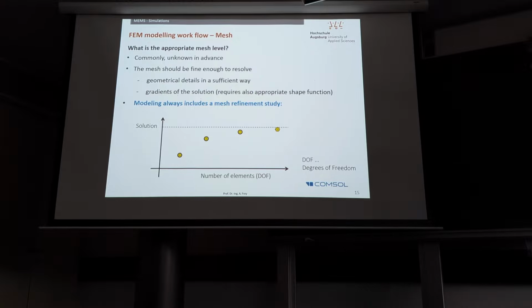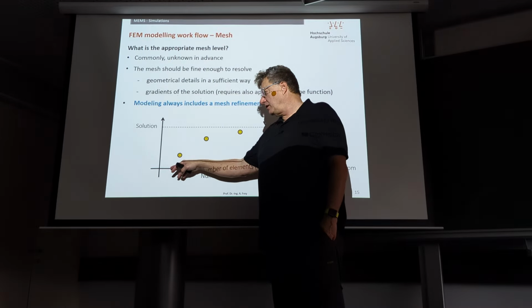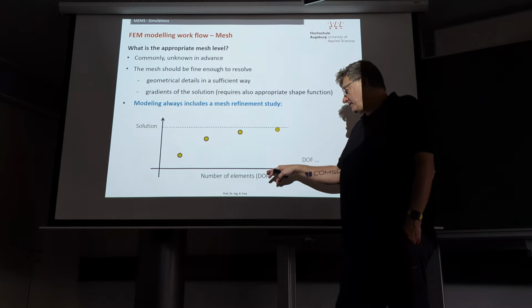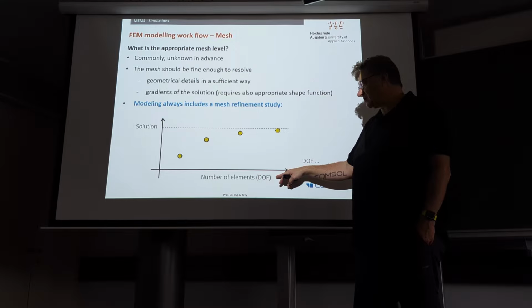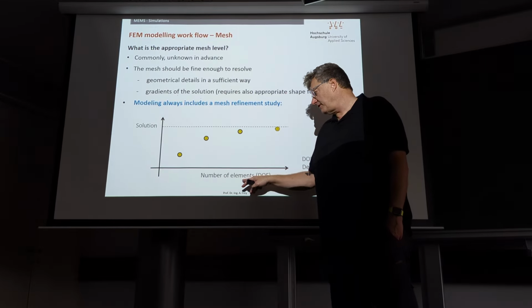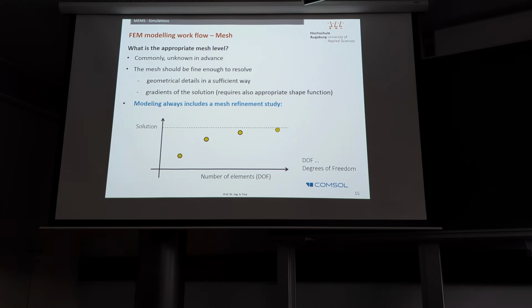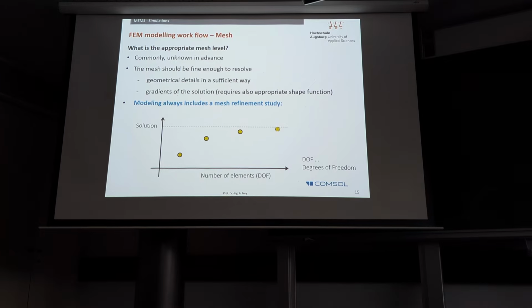And one kind of simple thing, you could start with a very coarse mesh. This is displayed in that diagram with a different parameter, number of elements, degrees of freedom. If you have a finer mesh, you have more grid points, the degrees of freedom increase. Basically, you can think of the degrees of freedom as the number of, for example, temperatures calculated on that wire.